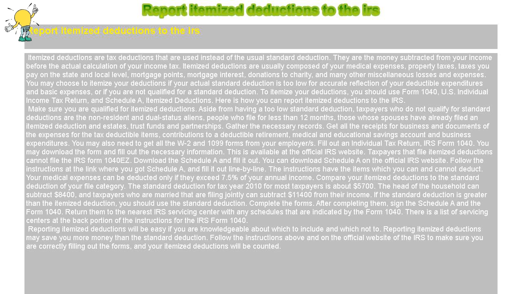The head of the household can subtract $8,400, and taxpayers who are married that are filing jointly can subtract $11,400 from their income. If the standard deduction is greater than the itemized deduction, you should use the standard deduction.